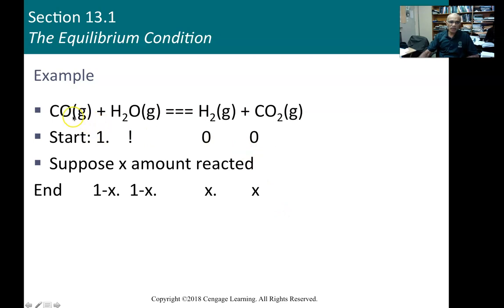For example, if you have CO, carbon monoxide gas, reacting with water, it forms hydrogen gas and carbon dioxide. So this reaction here, in terms of the stoichiometry, you can see that the equation is balanced.